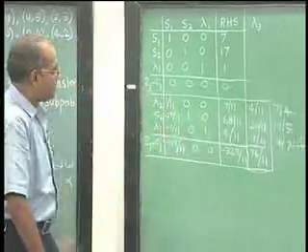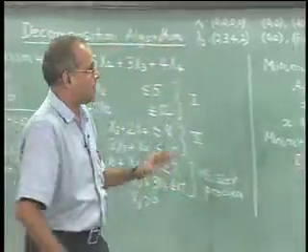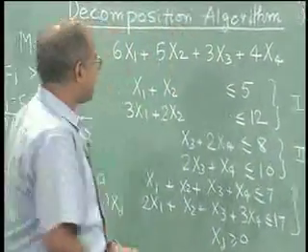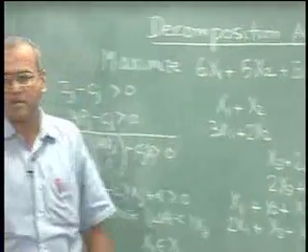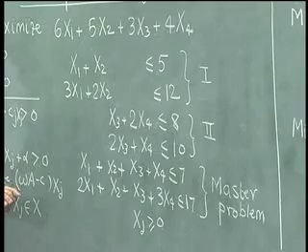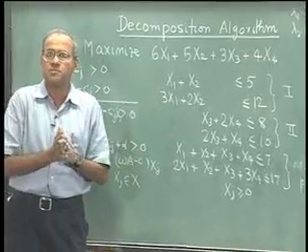But before we continue with the simplex algorithm, let us again take a very quick recap of what actually has happened. So, what we did was, we started with this large linear programming problem, and we realized that by leaving out a certain set of constraints, the problem is decomposable into smaller sized problems.